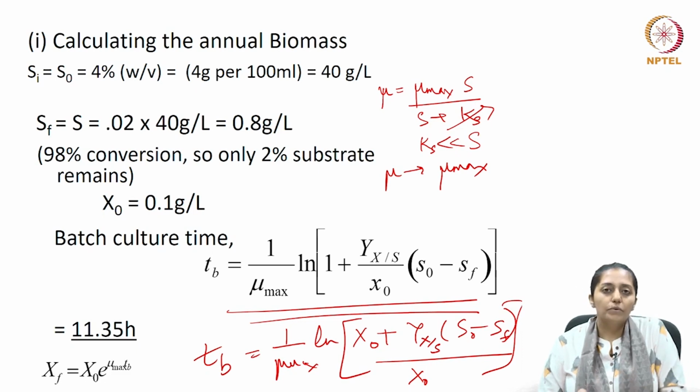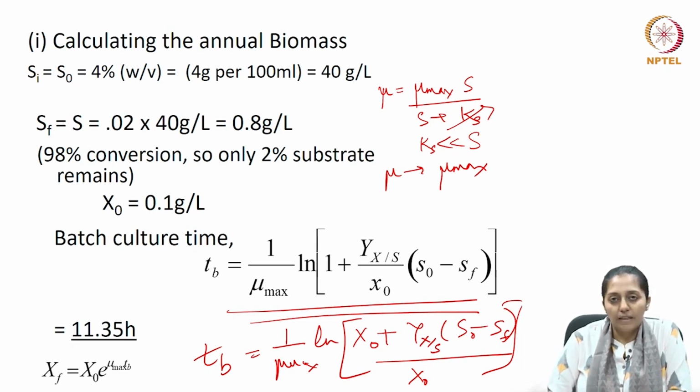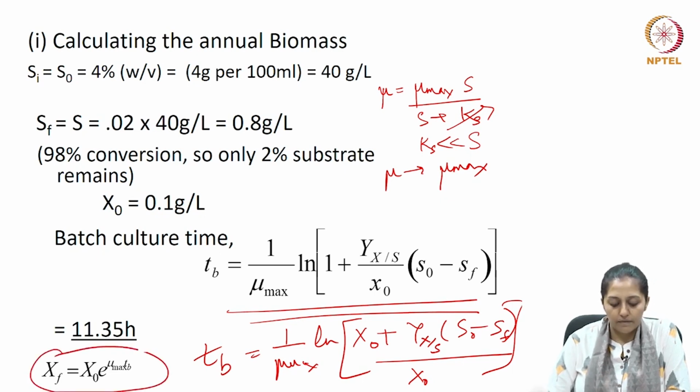Now, once you know the batch time, you can calculate the final biomass produced by the equation given in the end, which is the exponential growth rate, how the biomass changes as a function of batch time. At the end of the batch time, you will substitute T with the batch time, and the culture is growing at its mu max.